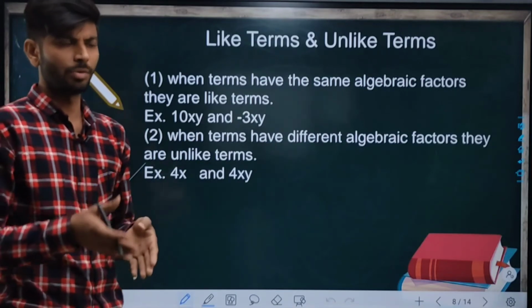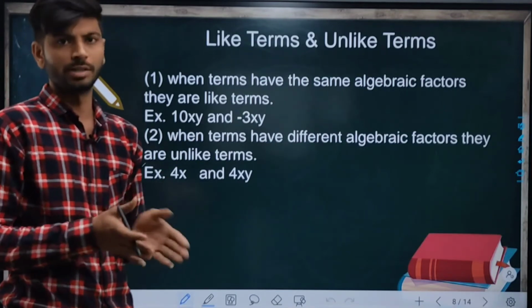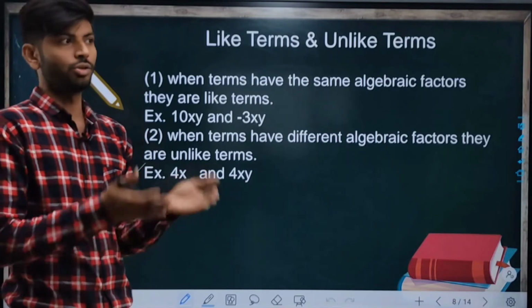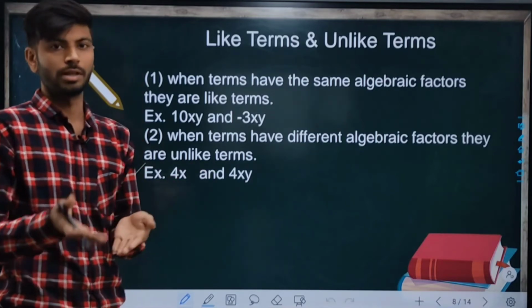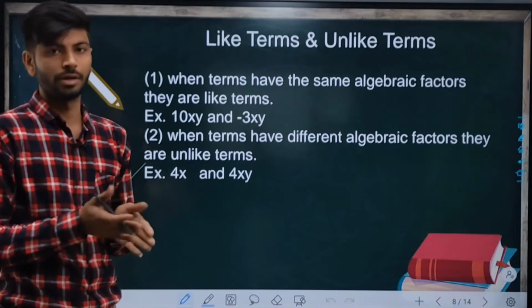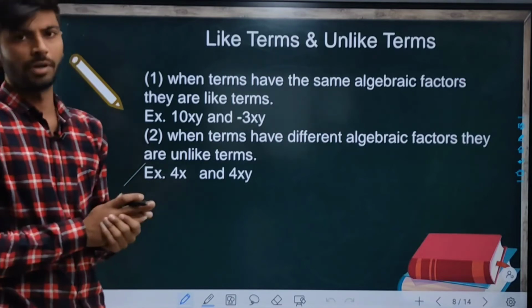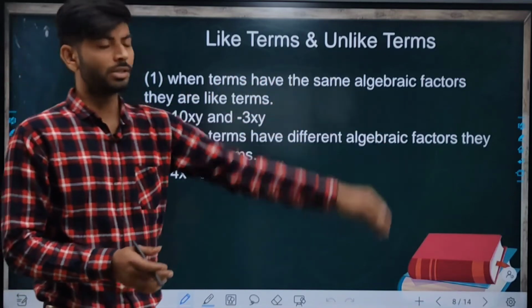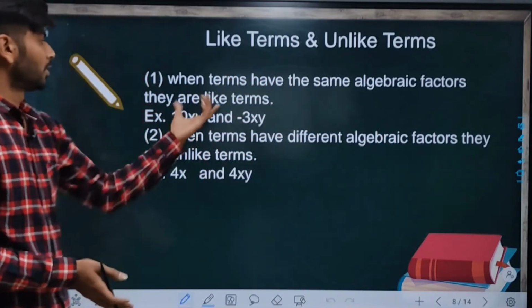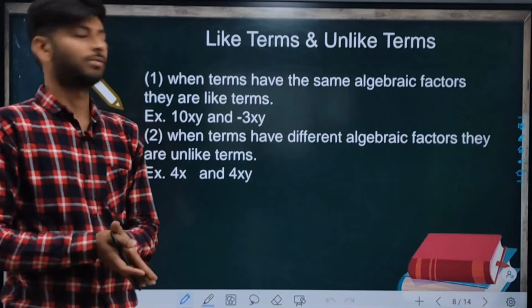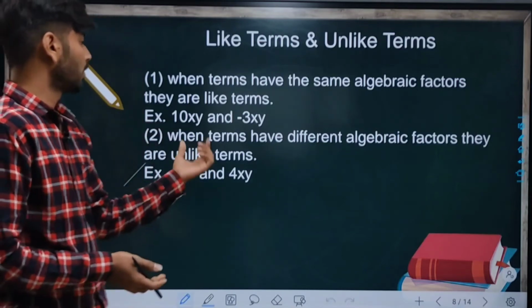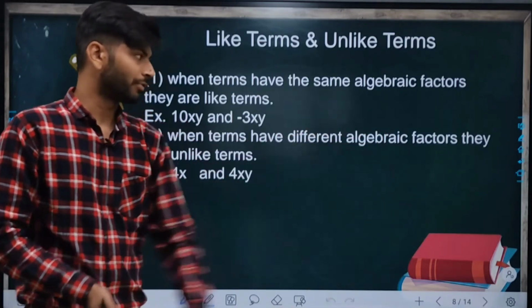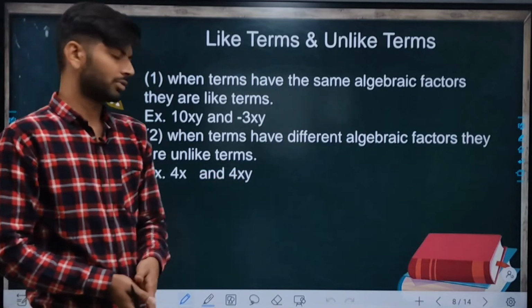Similarly, we have learned about like fractions and unlike fractions: if the denominators are the same, it is a like fraction, and if the denominators are different, it is an unlike fraction. So similarly here, when the terms have the same algebraic factors, they are like terms, and when the terms have different algebraic factors, they are unlike terms.